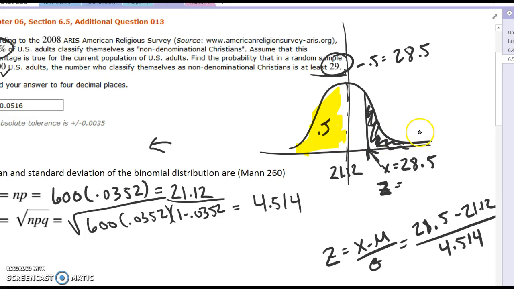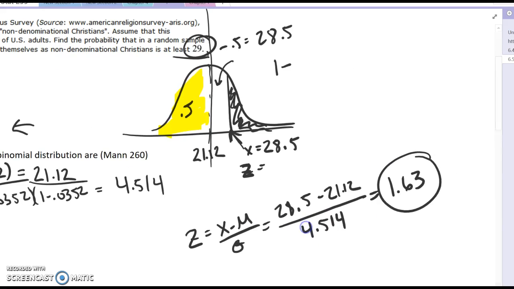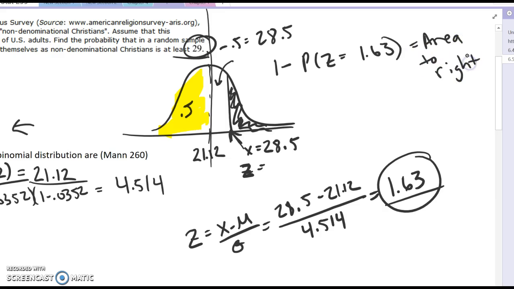The whole thing is 1, so 1 minus the z value corresponding to z is 1.63 is going to give us the area to the right. So we didn't have to end up doing anything with this 0.5. The z table is already going to give us the area to the left. We want to know the area to the right, so we take 1 minus that.